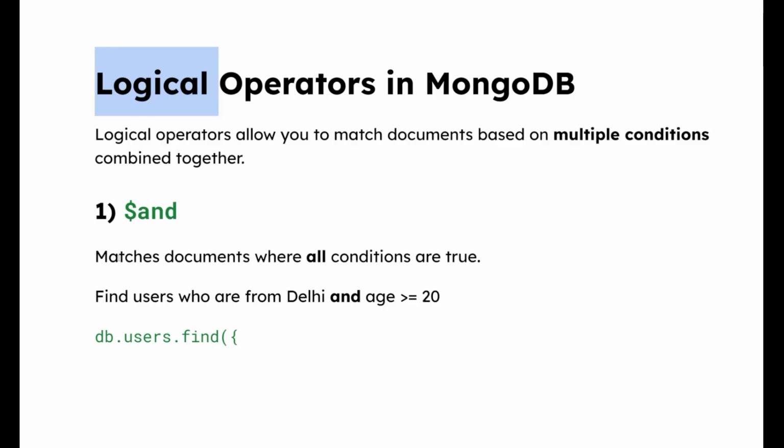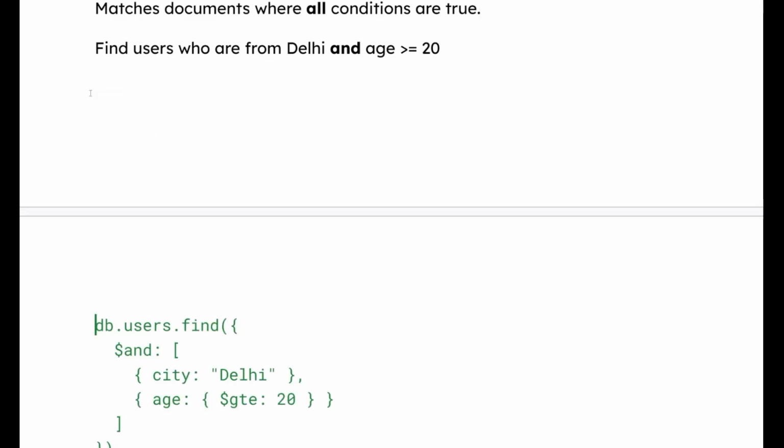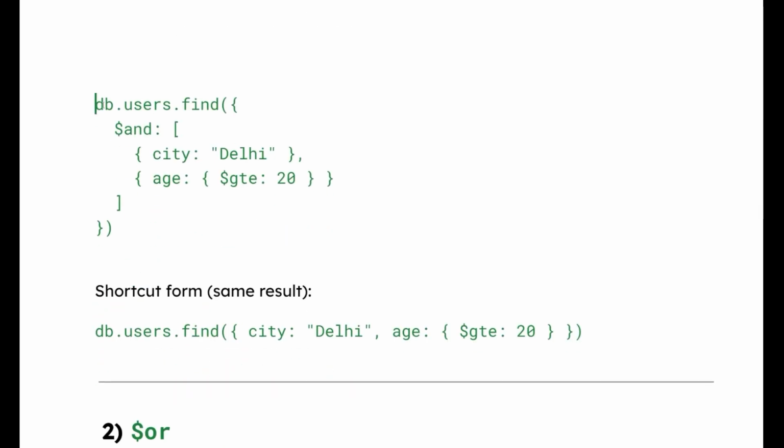What AND does is that it matches the document where all conditions are true. All conditions means the number of conditions that you put inside the query. If you see here, db.users.find is the command for the find. Here we put the dollar and, and in the array we put two different conditions.